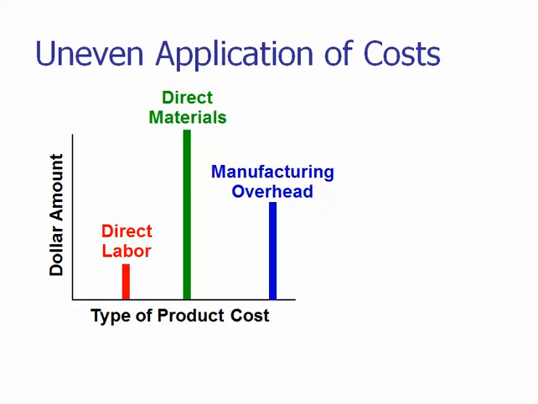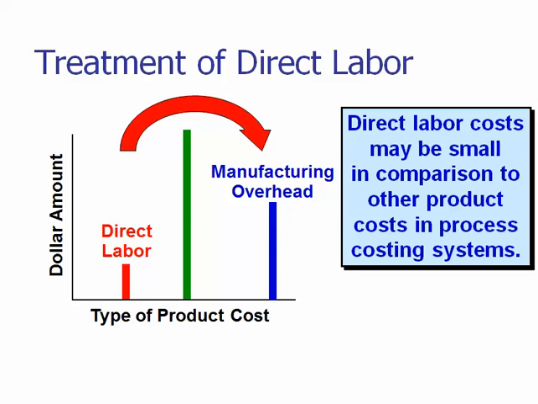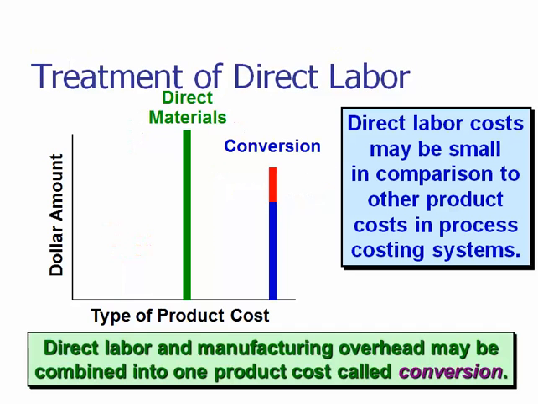and manufacturing overhead. But because direct labor costs are often small in comparison to other product costs in most process costing systems, recall that process costing systems are generally automated, we will often combine direct labor with manufacturing overhead, and the two costs combined, recall, then are referred to as conversion costs.